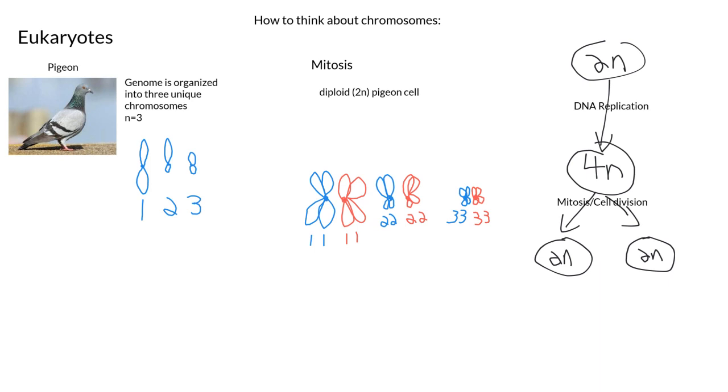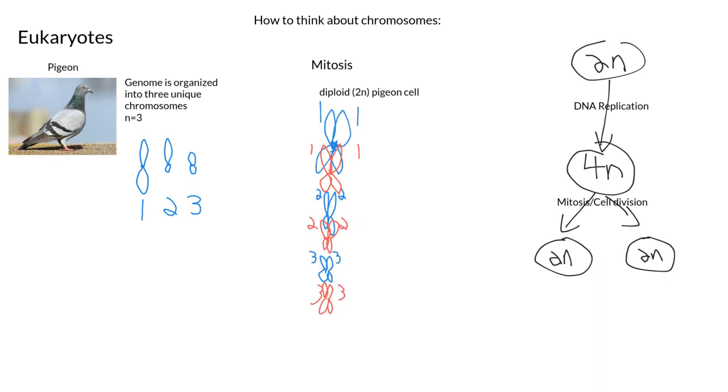In the first stages of mitosis, the chromosomes will condense the way that I've already been drawing them here as these little hot dog structures. And during metaphase, they will align along a metaphase plate. The key to understanding mitosis at the genetic level is understanding and recognizing the pattern at which these align along that invisible line.